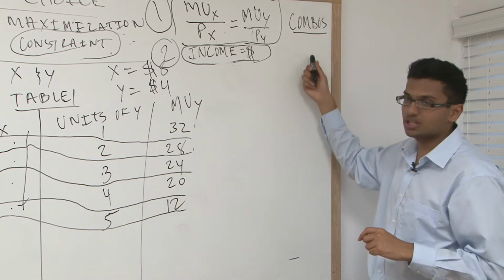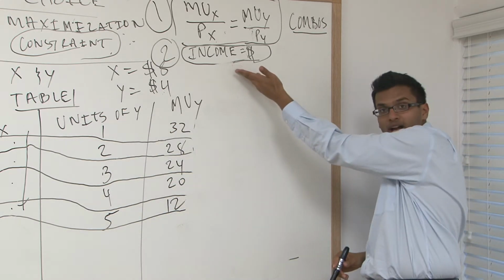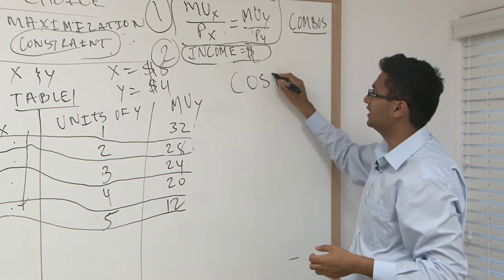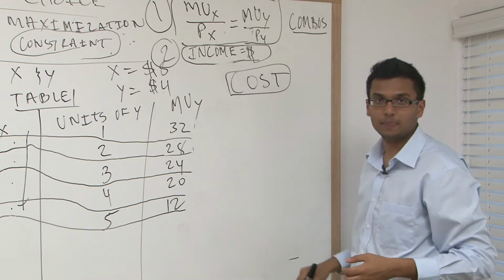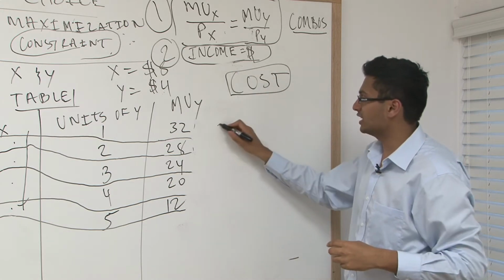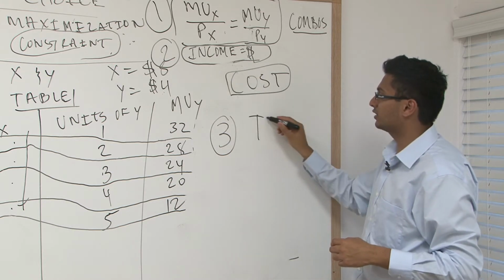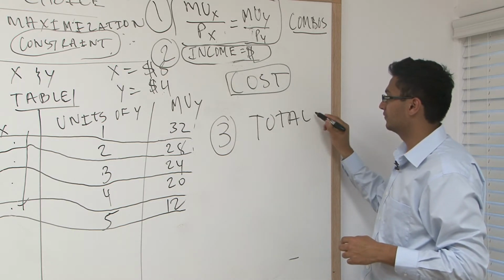Based on these combinations and based on the income, you have to figure out the cost of these combinations. The third part, after seeing the cost and making sure you're within the income, is to calculate total utility.